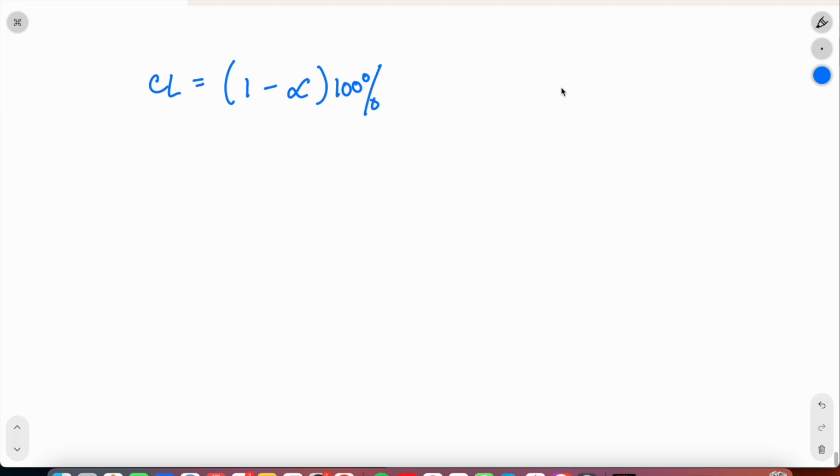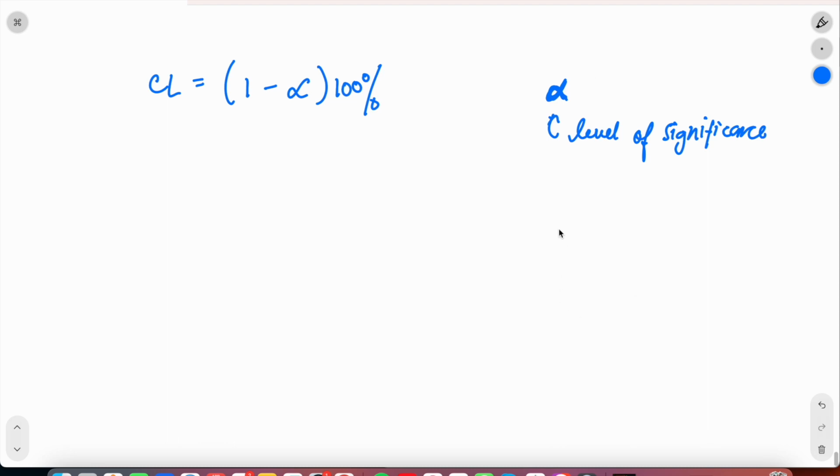The alpha is known as the level of significance. It is the degree of significance whether we accept or reject the null hypothesis. This is the basis of our rejection, whether we reject the null or fail to reject the null.